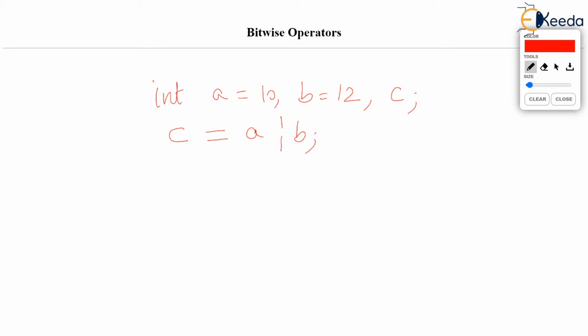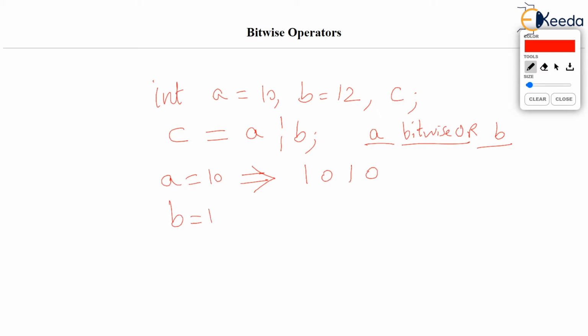This is a bitwise OR of a with b. So a is 10, and the binary equivalent of a is 1010. Further, b is 12, and the binary equivalent of b is 1100.